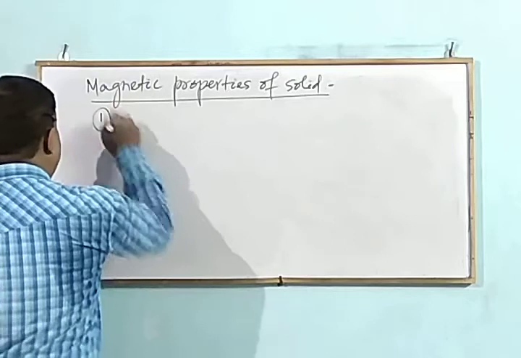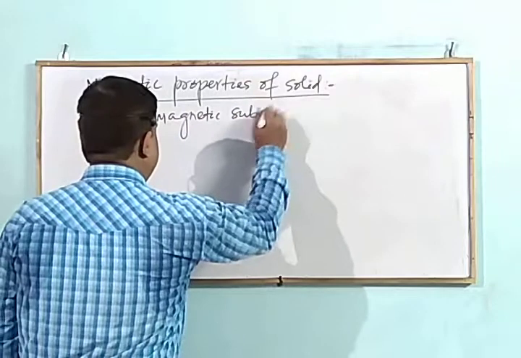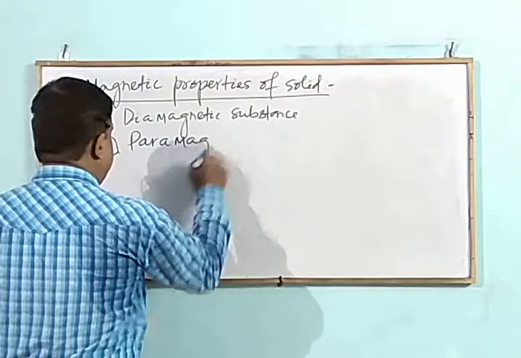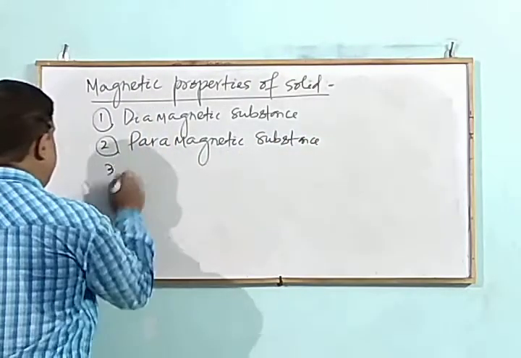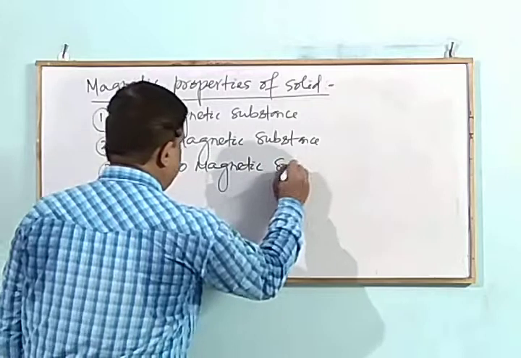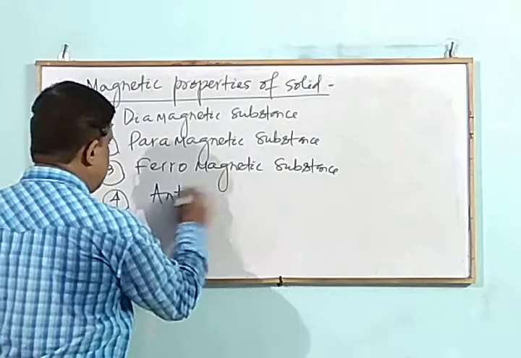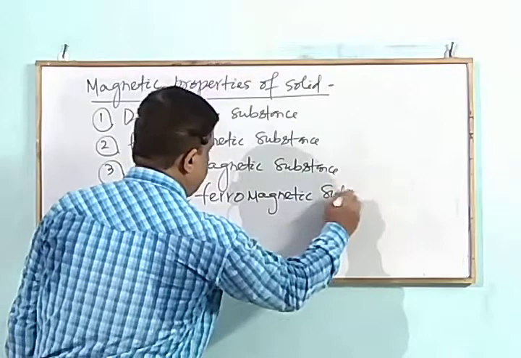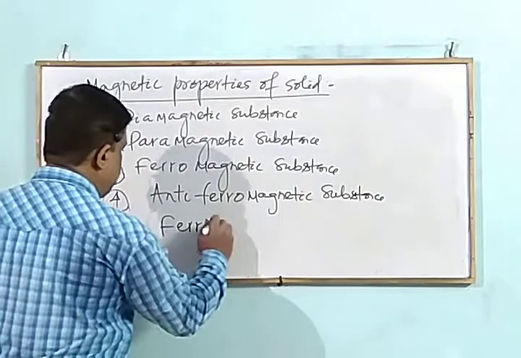Depending upon magnetic behavior, one is diamagnetic substance, one is paramagnetic substance, one is ferromagnetic substance, one is antiferromagnetic substance, and last one is ferrimagnetic substance.